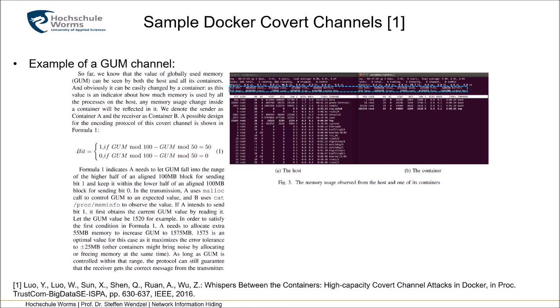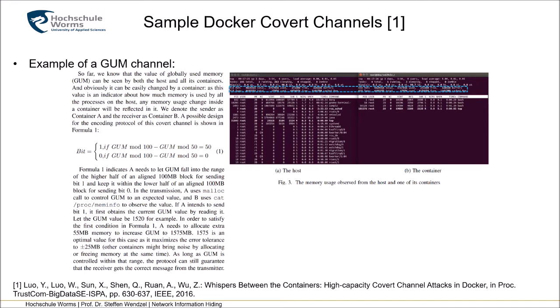One can signal a hidden bit in the following way, proposed by these authors. The bit would be 1 if the globally used memory modulo 100 minus the globally used memory modulo 50 would be 50, and it would be 0 if the globally used memory mod 100 minus the globally used memory mod 50 would be 0.